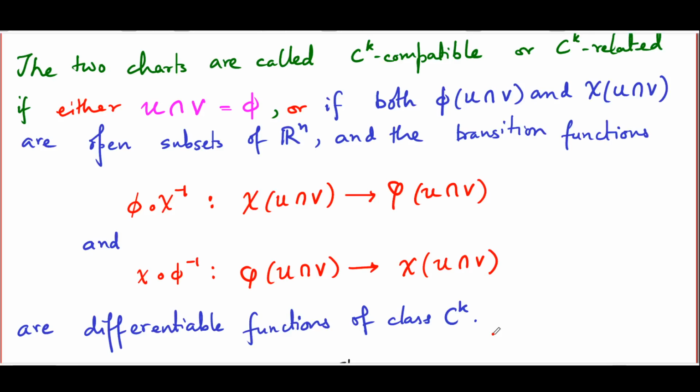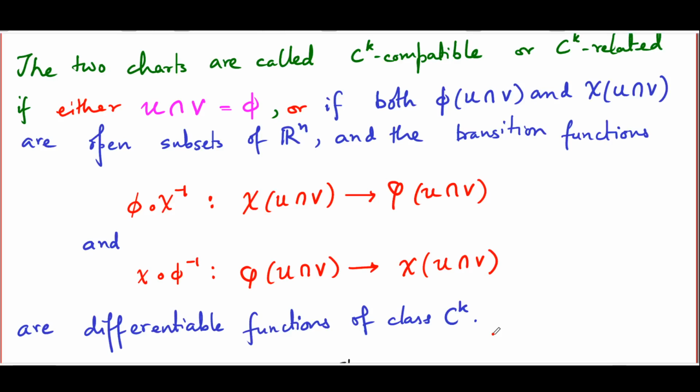Remember, in order to talk about differentiability of a function defined on a subset of Rn, that particular subset of Rn has to be open. And that is why we demanded that both phi of u intersection v, which is the domain of the function chi composite phi inverse, and chi of u intersection v, which is the domain of phi composite chi inverse, are both open subsets of Rn.